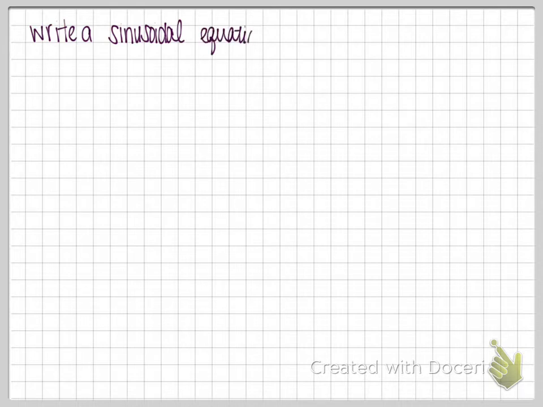So our last example, here we go. So we want to write a sinusoidal equation for the graph with an amplitude of 5.